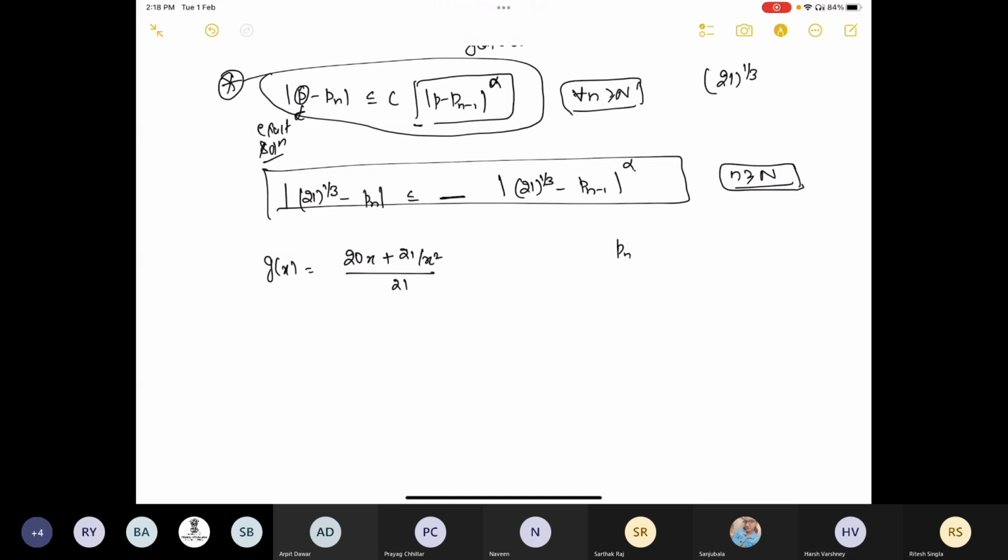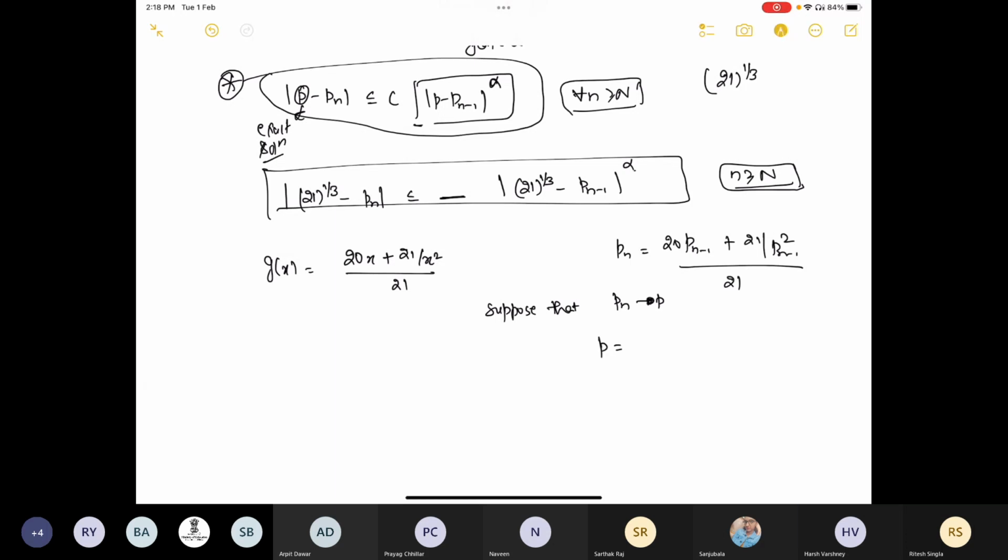For example, if pn is (20 pn minus 1 plus 21 upon pn minus 1 square) upon 21. So what is the best thing to do here? Suppose for the time being that pn converges to some p, right? If there is a fixed point, then it should be true. pn will converge to some point p if it is converging, right?